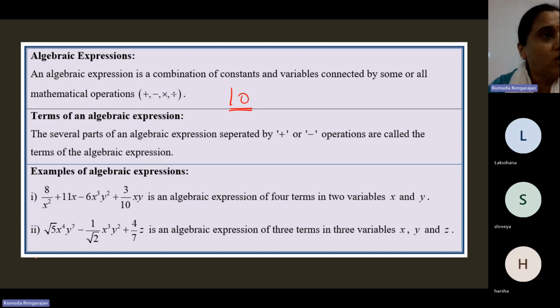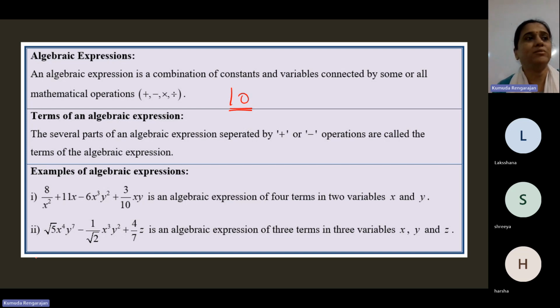So both constants and variables are symbols. A constant is a symbol that assumes a fixed numerical value. A variable is a symbol that assumes any numerical value. Now, a combination of constants and variables connected by some or all mathematical operations is called an algebraic expression.